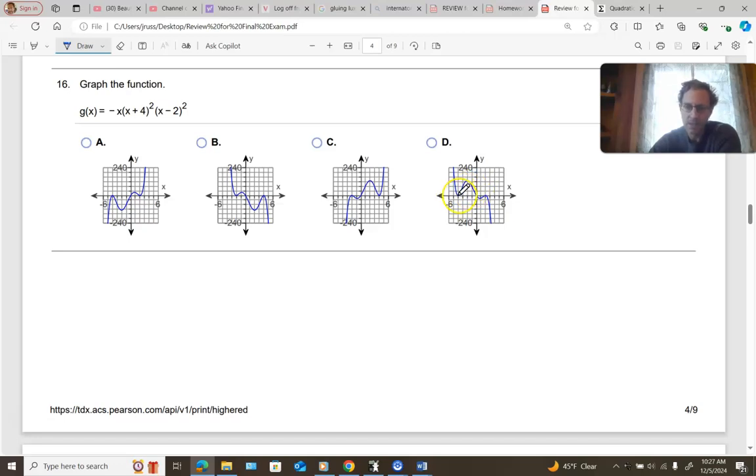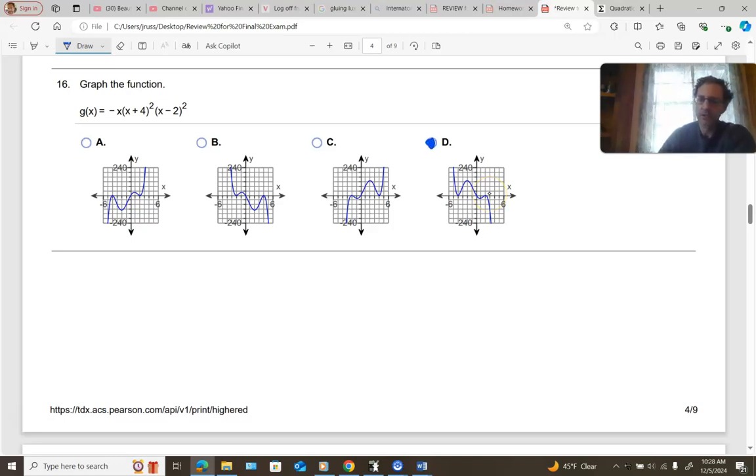Because it touches here at -4, crosses here at 0, and touches here at +2. Okay, remember that whether it touches or crosses, that has to do with the multiplicities. The reason I know it's this one and not A is because of the negative in front. The function is turned upside down, so I know it's got to be D.